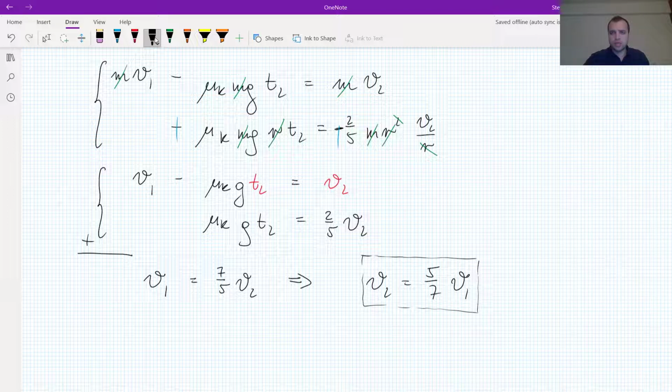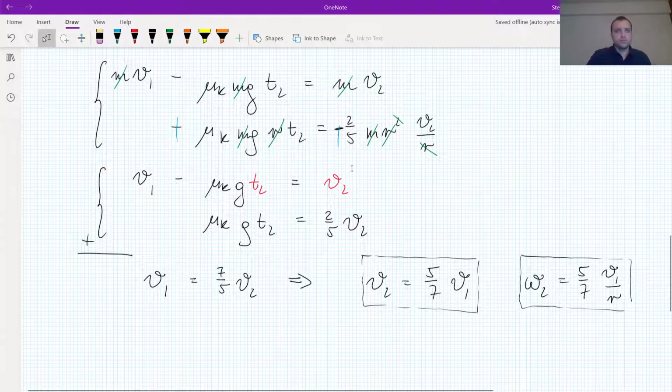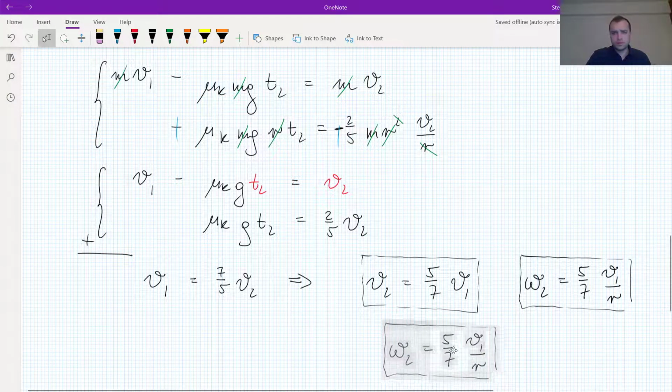And also that means that automatically our omega 2 is 5 divided by 7 v1 divided by r. So this is our answer B, these two expressions.